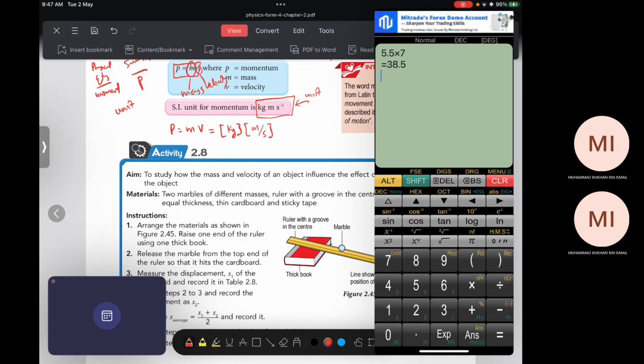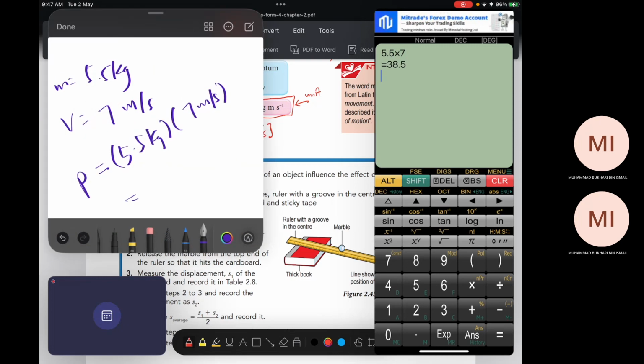So you get 38.5. 38.5, unit is kilogram meter per second. Okay, betul lah kira ni. This is momentum. So whatever object yang bergerak mesti ada momentum. Whatever object which moves must have momentum because it has mass and velocity. Any question?